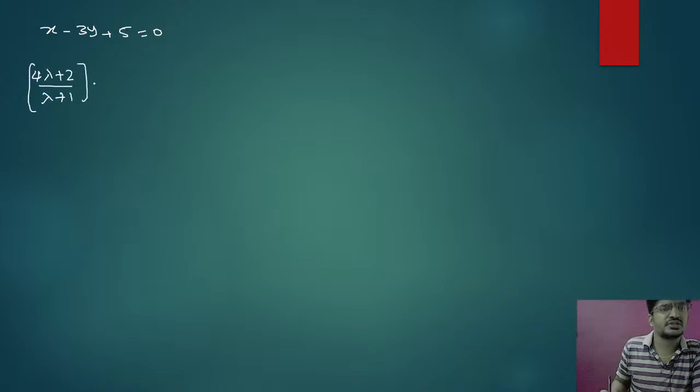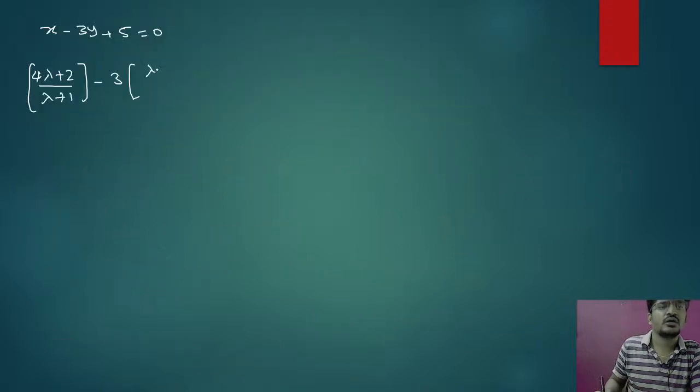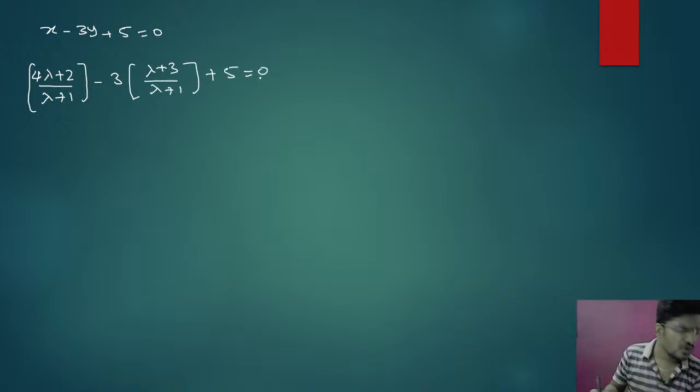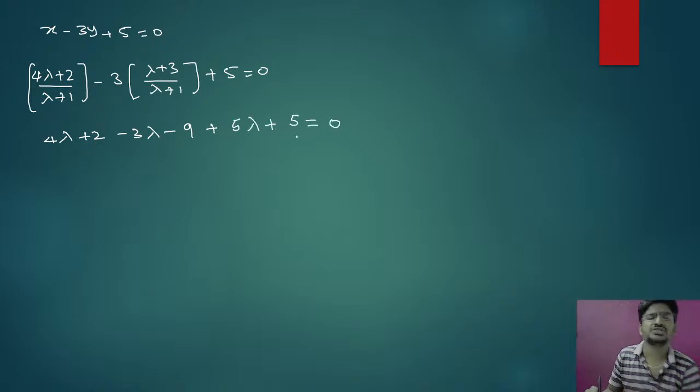This is x minus 3 times your y, which is (lambda plus 3) divided by (lambda plus 1), plus 5 equal to 0. So now you have to simplify this. That will be 4 lambda plus 2 minus 3 lambda minus 9 plus 5 lambda plus 5 equal to 0.